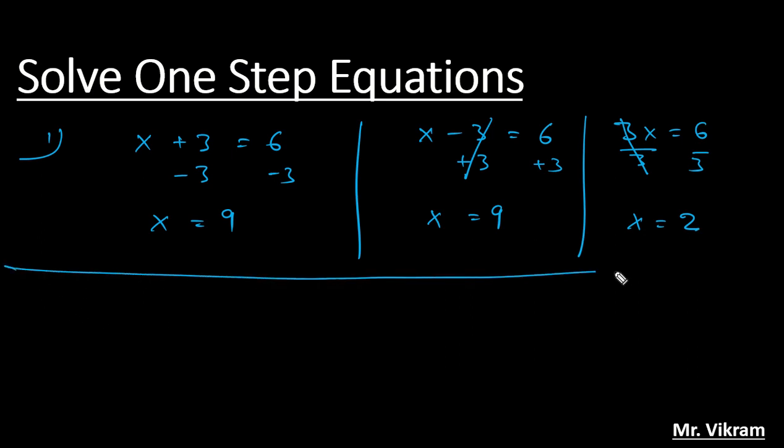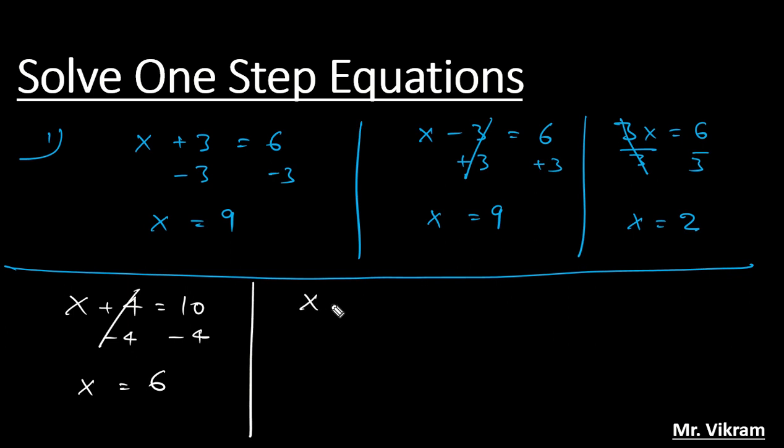Similarly, let's try a few more questions. Now, if you have x plus 4 is equal to 10, what you will do? Minus 4 on both sides. x is equal to 6. If you have x minus 4 is equal to 10, then what you will do? Plus 4.